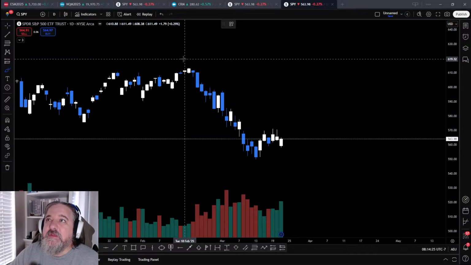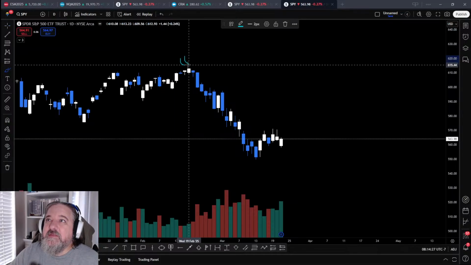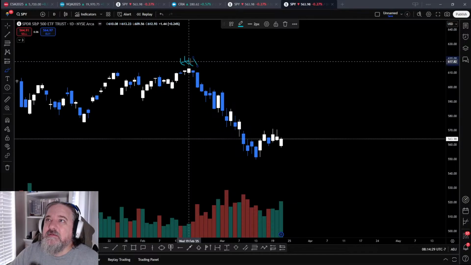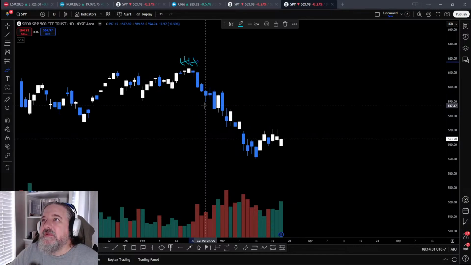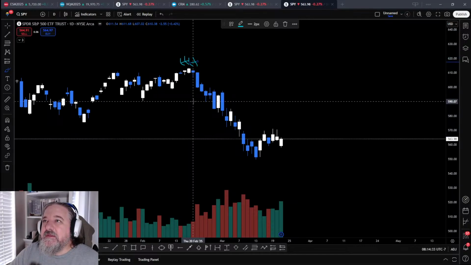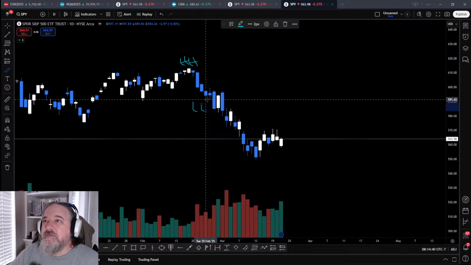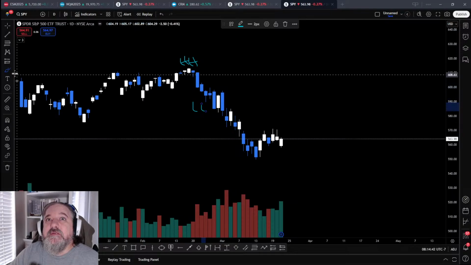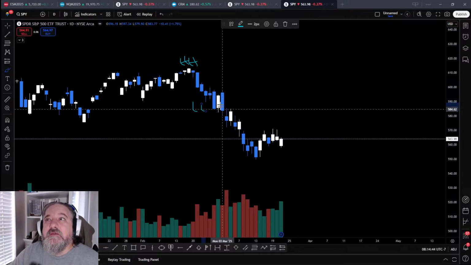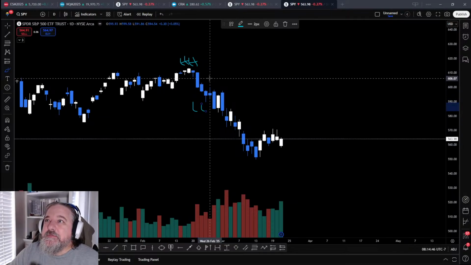I don't know that I have a tool to mark higher highs and higher lows, but there might be. Up here, wow, that's kind of ugly. I have a higher high. Why is it going all sideways? This here would be a new lower low, right? I'll just draw them. It's okay. Here we have a higher low, right?